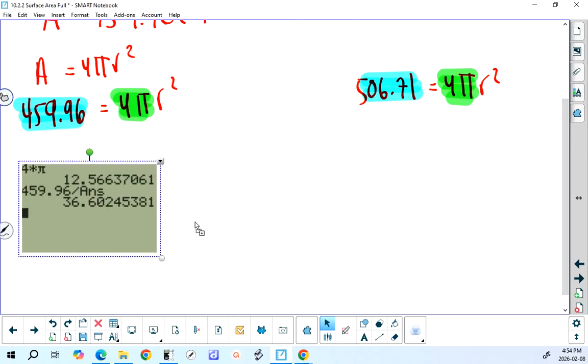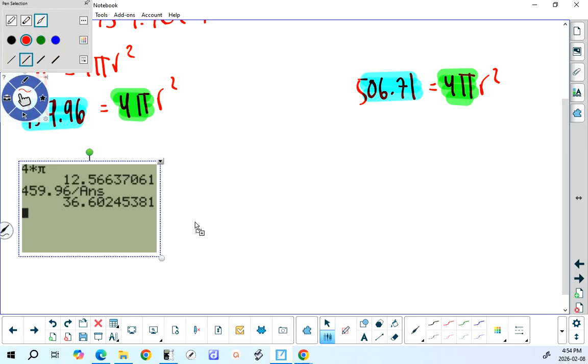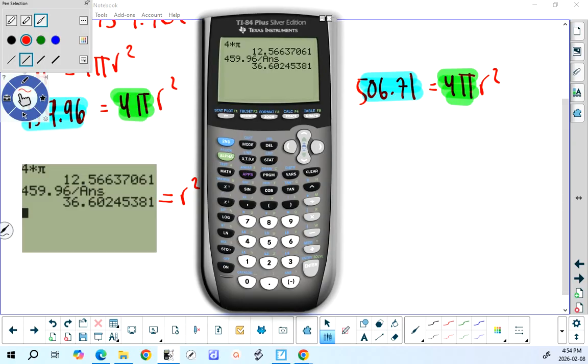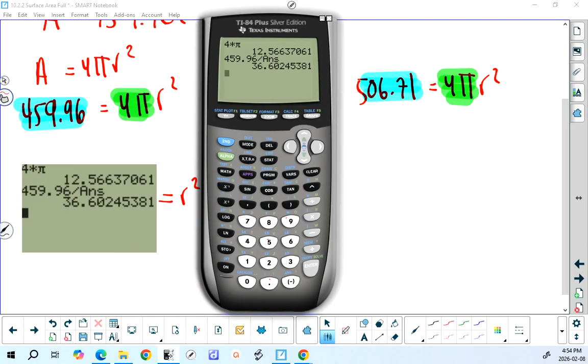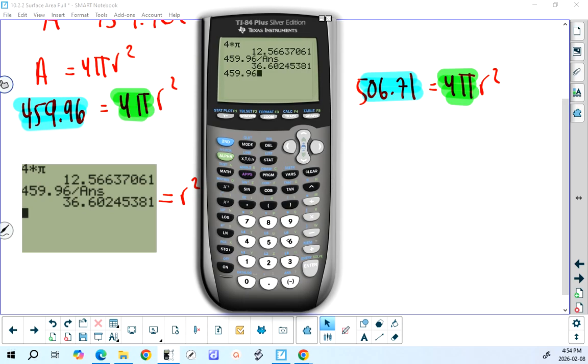This is r squared. You could have arrived at that by taking 459.96, keep forgetting to turn that off, 459.96 and dividing by, in brackets, 4 pi.